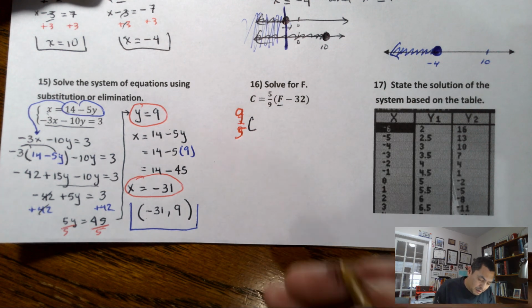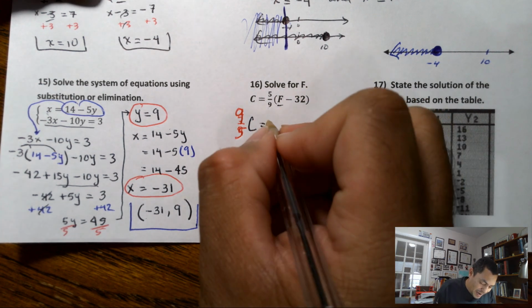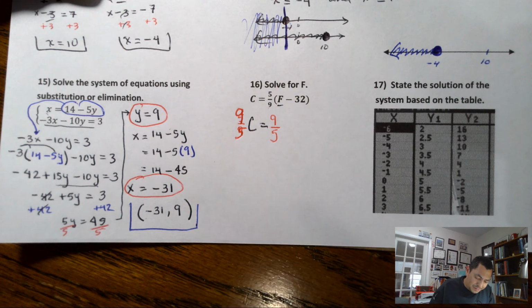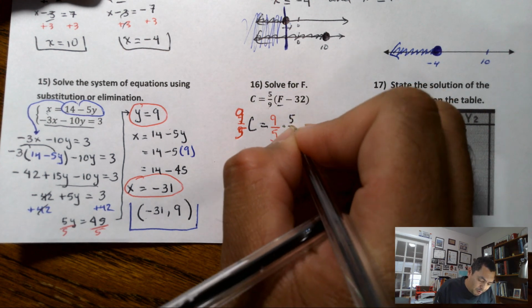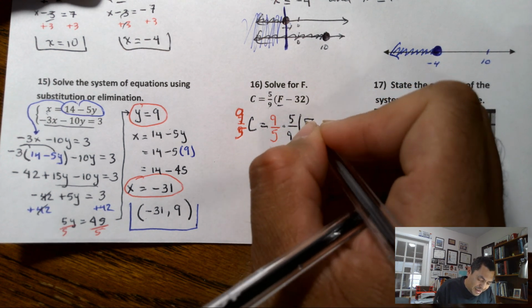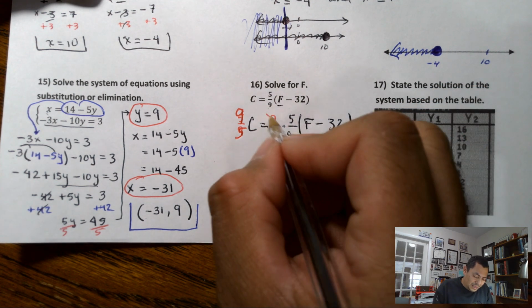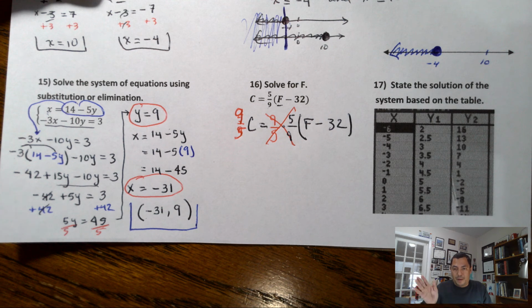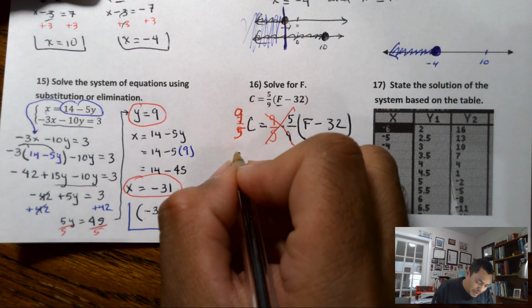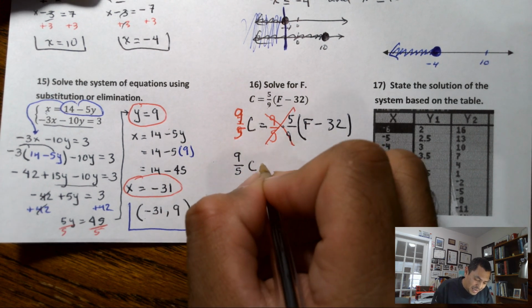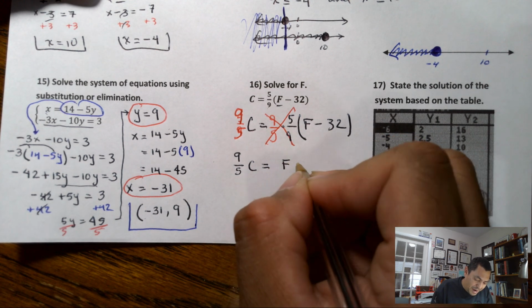And this equals, look at this one, 9 over 5 times 5 over 9, then I have f minus 32. Now in this case, these two go away. Bye-bye. So I have 9 over 5 c equals f minus 32.